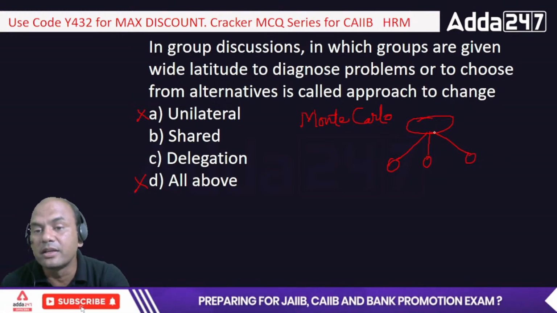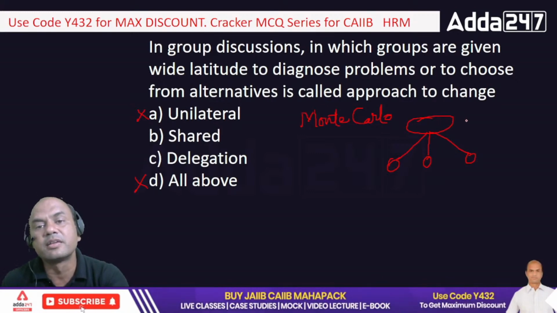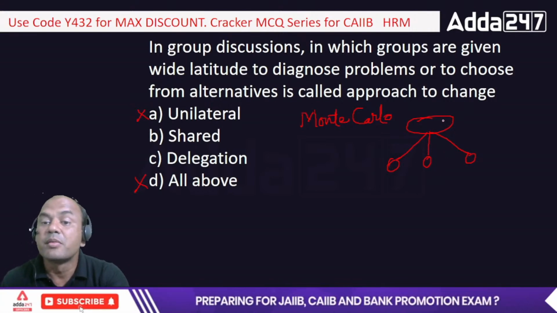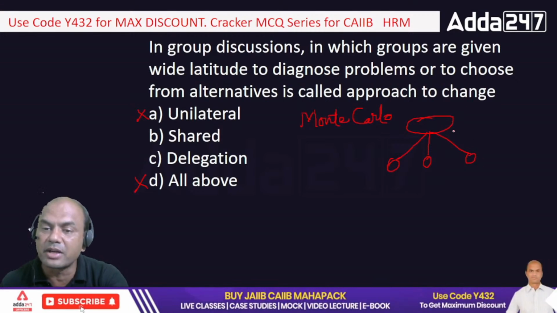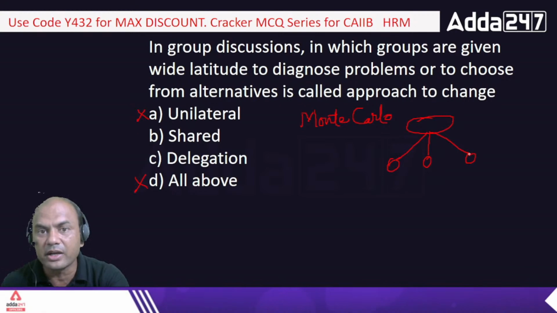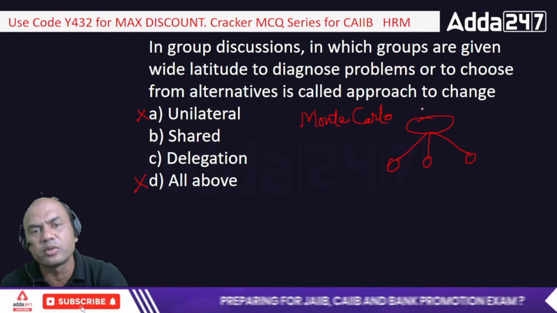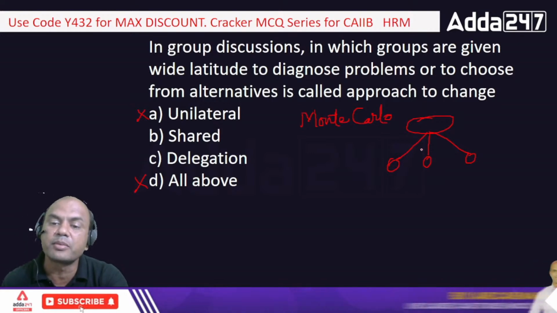But there is a problem here. The task is already decided and it is just shared: you do something, you do something, and you do something. But do I get a response from these guys that this can be done in another way, or should be distributed in another way? No. Delegation means the boss decides on something. It's similar to the unilateral approach, the only difference being that the task is divided among various people.